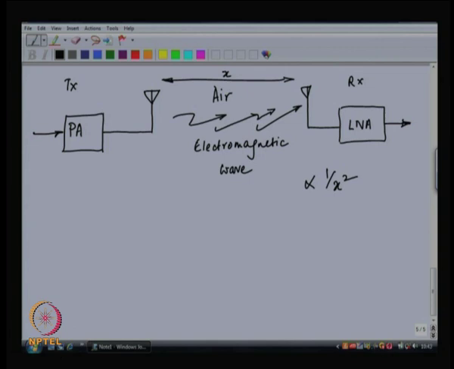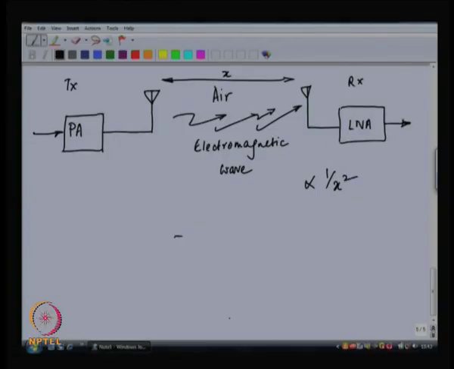The antenna has some directivity. We are not going to talk about the antenna in this course, but even then the antenna has some directivity, and we typically treat this as something called an antenna gain. The antenna also has some area. The larger the area of the antenna, the more signal it can receive naturally.